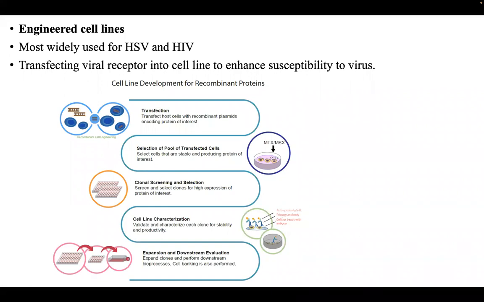So based on that gene not being expressed, you're able to select those particular type of cells from that cell line. And then the downstream processes involve expansion and evaluation, meaning just producing your cells of interest in many copies that you can use to cultivate now your virus of interest.